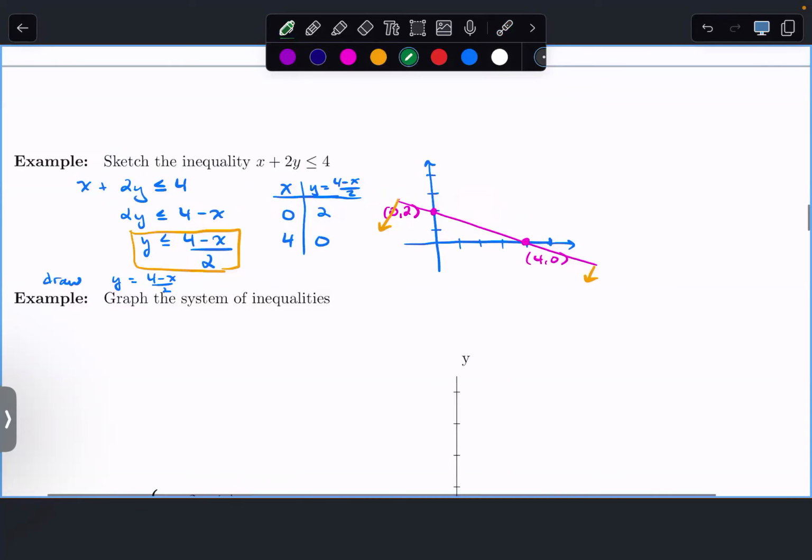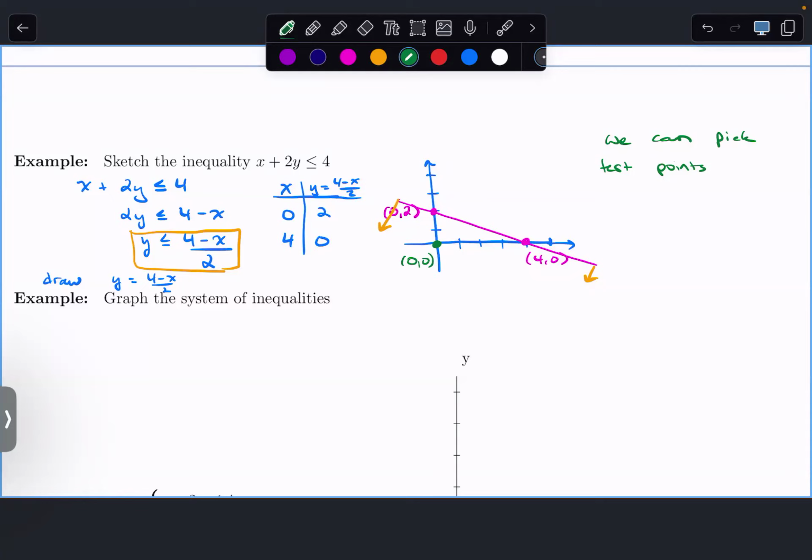I'll add that here. We can pick test points, like, well, my go-to is 0, 0. That's nice because it's in one of the regions.